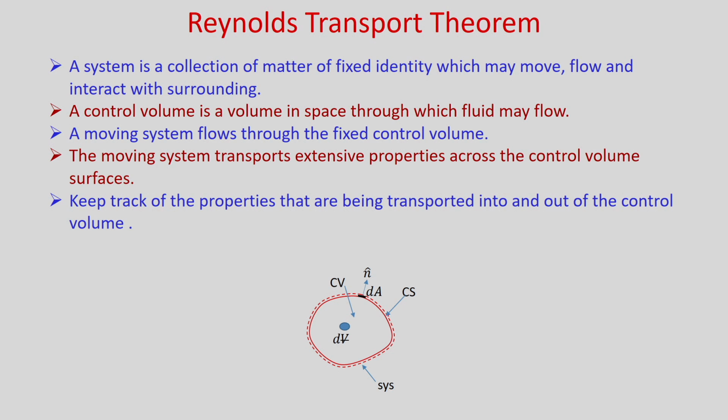If you consider that this is a system and this is a control volume, this control volume surface is known as the control surface. In this case, the moving system flows through this fixed control volume and transports extensive properties across the control volume surface, and now we need to keep track of these properties that are being transported into and out of the control volume.